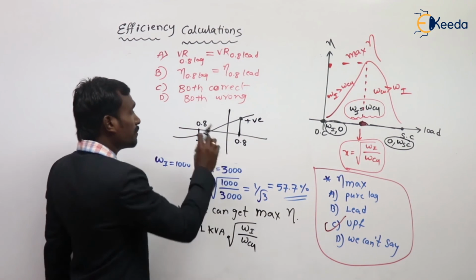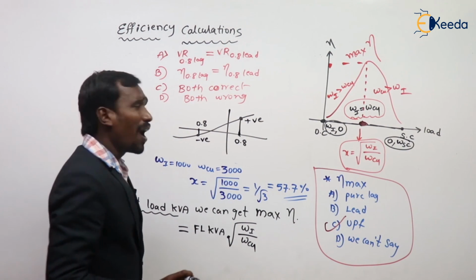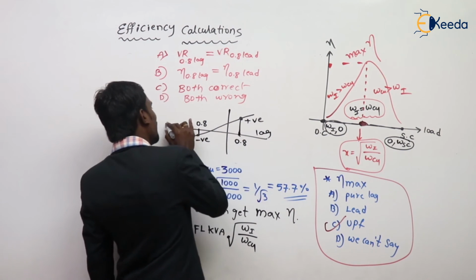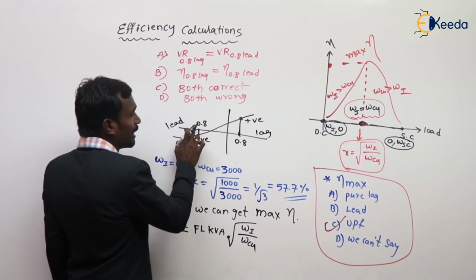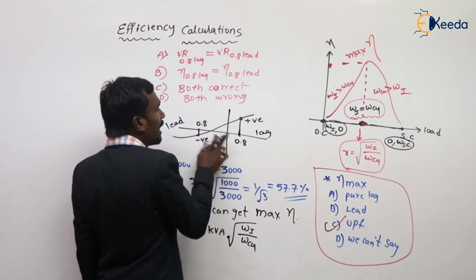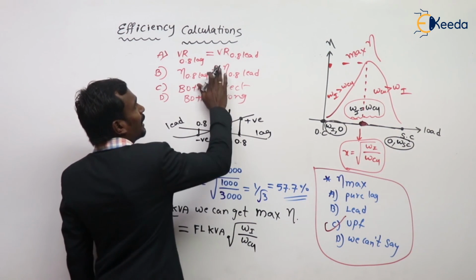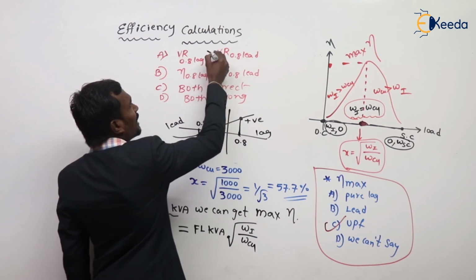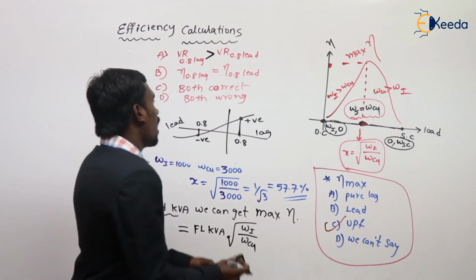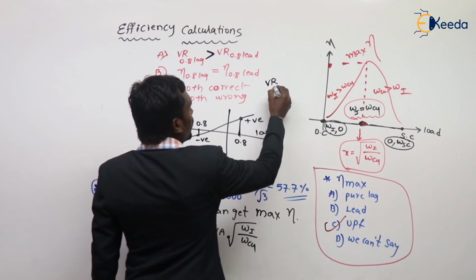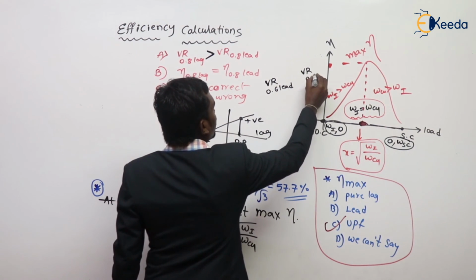But the voltage regulation magnitude is high in lagging load, less in leading load. If you take the same power factor lagging and leading, the voltage regulation in lagging is greater than leading. For example, voltage regulation at 0.6 leading and voltage regulation at 0.6 lagging.